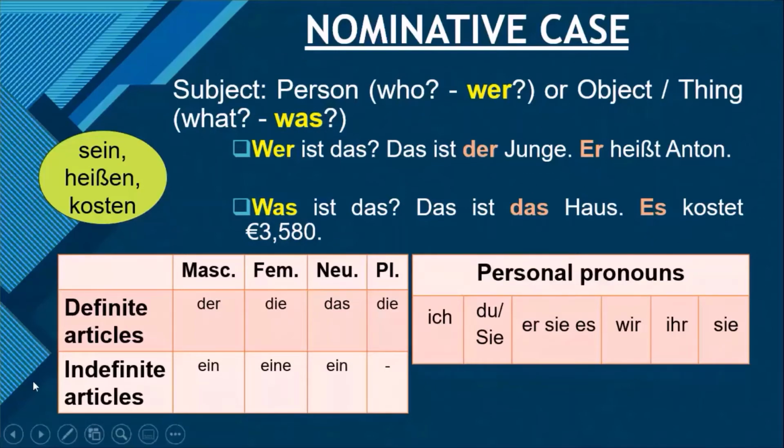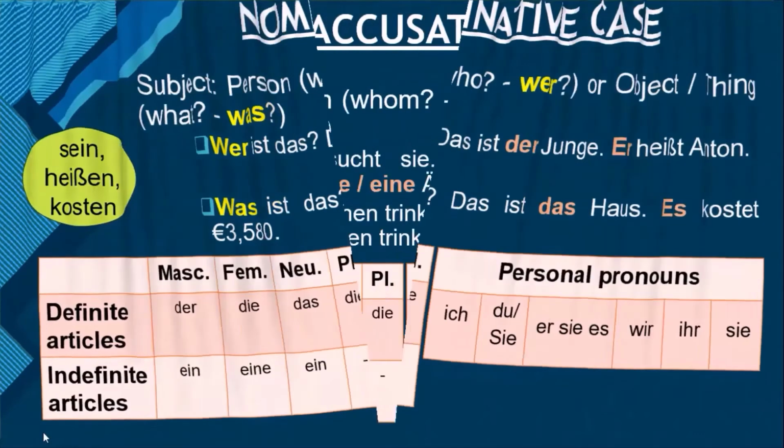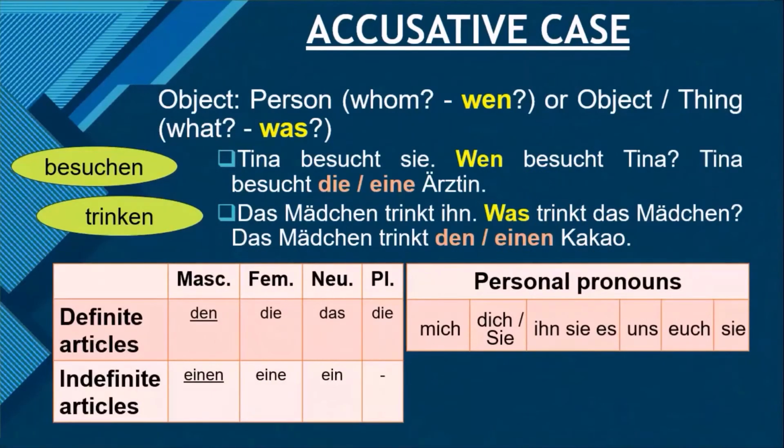So moving on. In the nominative case, you saw that there is a subject and that subject can be a person or an object or a thing.